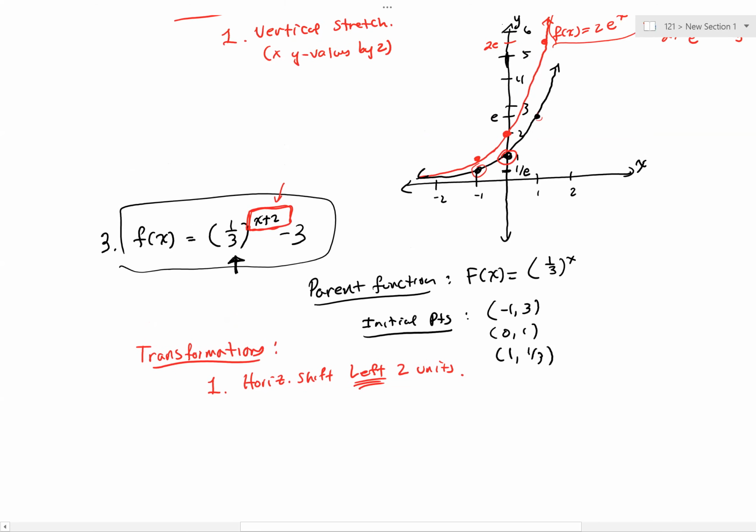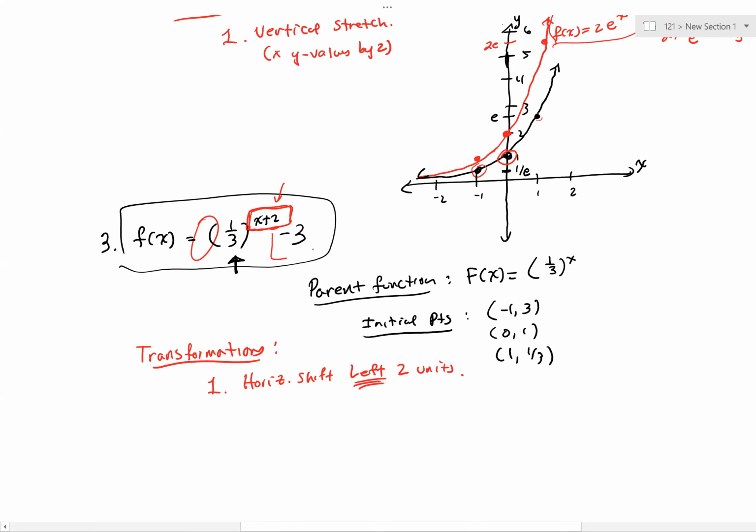Now let's jump to outside the function. What is happening to the exponential function of base 1/3? Well, there's nothing out front. There's no number multiplying that b to the x, so there's no vertical stretch or shrink, as we saw in number 2, where there was a vertical stretch. There's no minus sign in front, so there's no vertical reflection, no x-axis reflection.